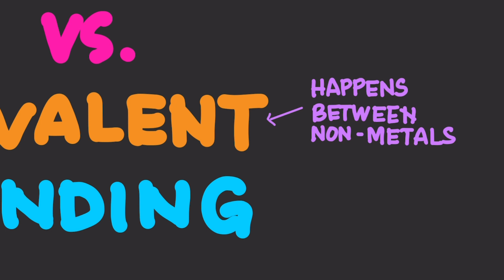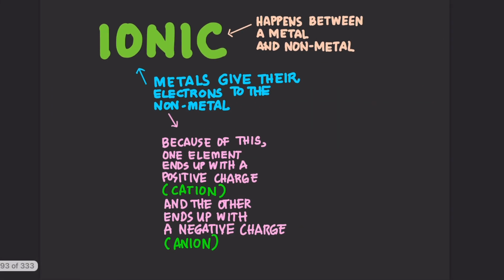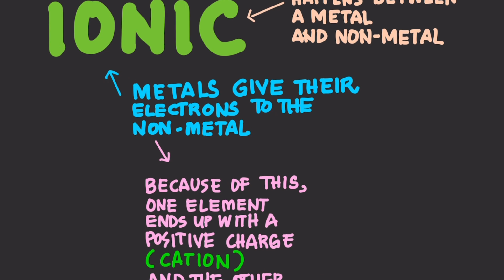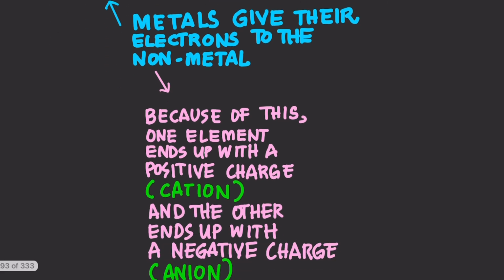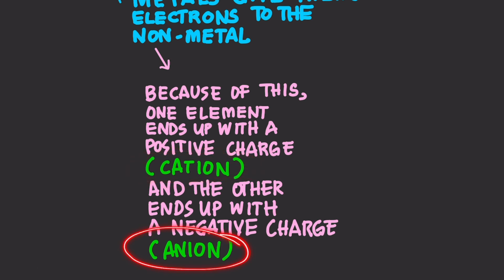Put together, they make hydrogen chloride or hydrochloric acid. Okay? What else should we know? In ionic bonding, the metal gives its electrons to the nonmetal, like what happened with sodium and chlorine. Sodium had that extra electron and it just gave it to chlorine. Okay, because of this, one became a cation, which was the sodium, and the other one became an anion.